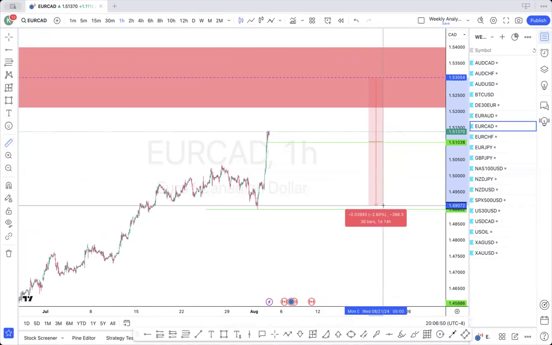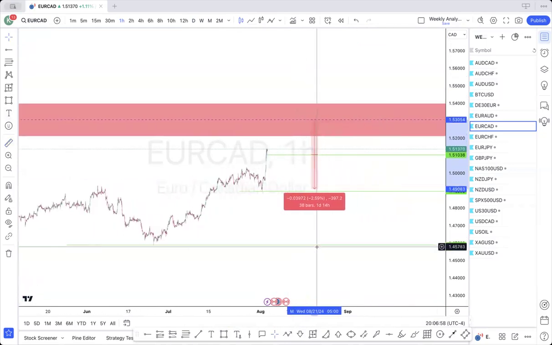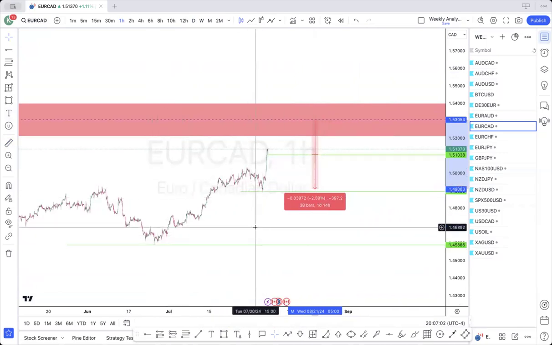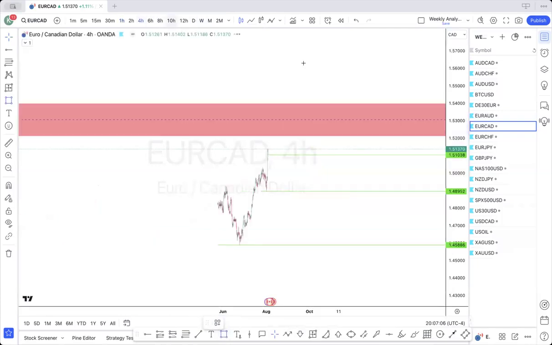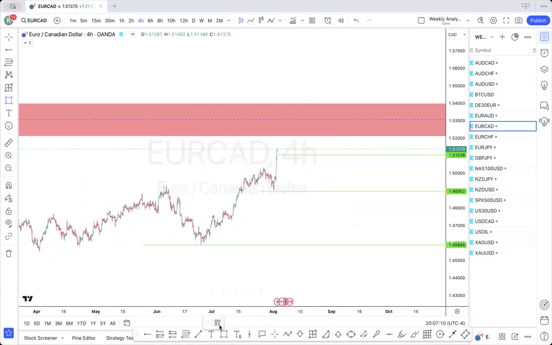Okay, so if price taps into this 50% of this zone, then to sell it back down here would be 398 pips, because that's the higher time frame. Oh no, this was the higher time frame swing low. This is the higher time frame swing low, but this would be the first key level or zone that you would want to trade it back down to.